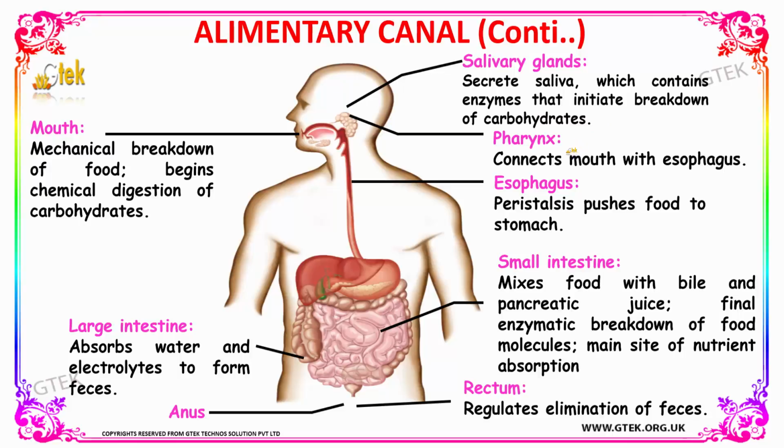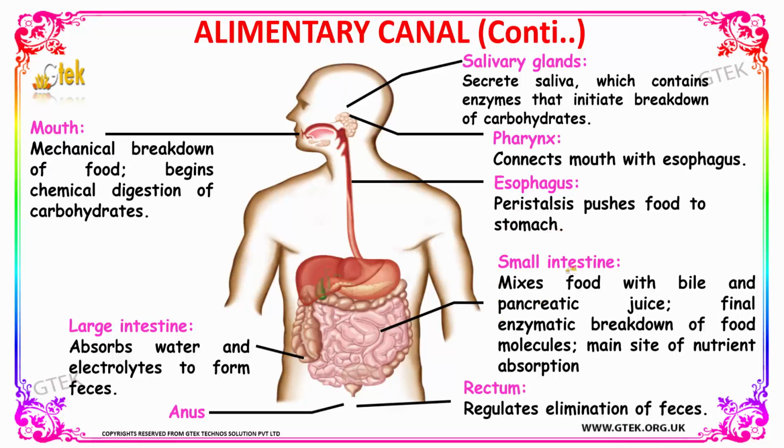Then we have the pharynx, which connects the mouth with the esophagus. Then the food moves through the esophagus by an action of peristalsis, which pushes the food to the stomach.